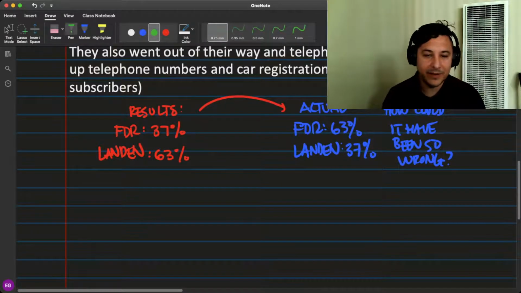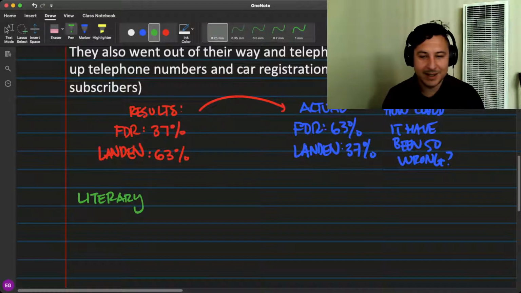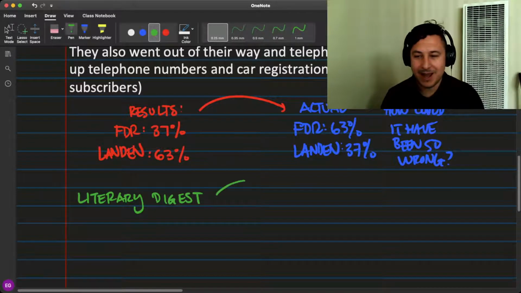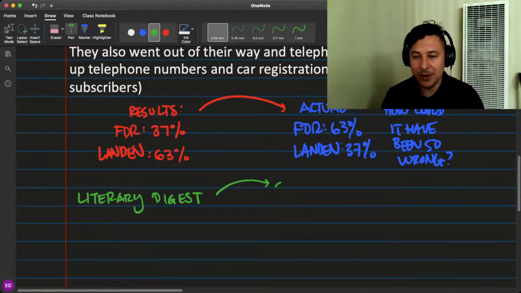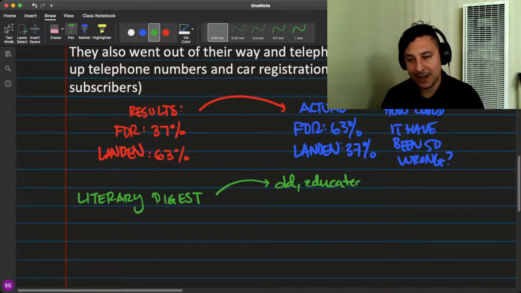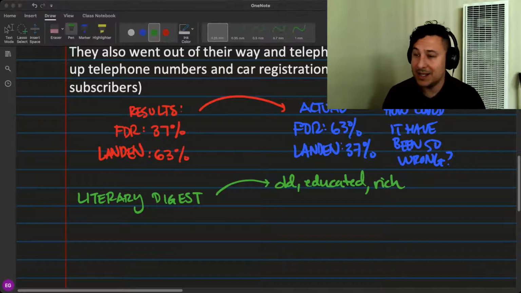Because, first of all, what sort of people do you think subscribe to Literary Digest? Just from the name itself. You have to be someone who's like, oh man, I like reading about literature. So maybe you're old, maybe you're educated, you have enough money to afford a magazine subscription, right?